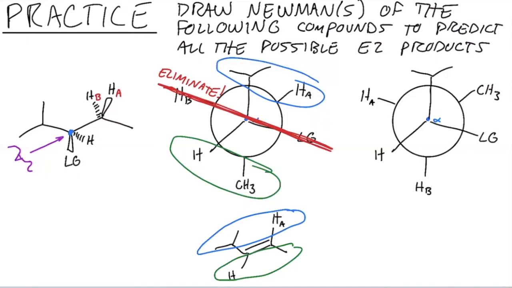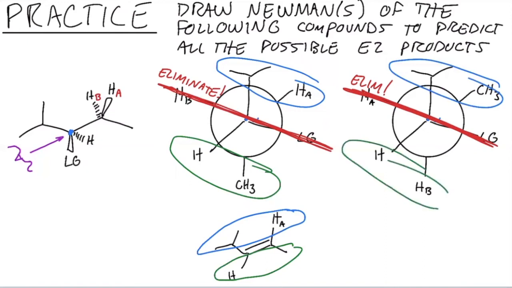Okay, so now let's see how that rotation has affected the product we get out of this reaction. So here's our elimination line. If we think about what's on the same side of the line here, we've got those two groups on our blue side and these two groups on our green side.